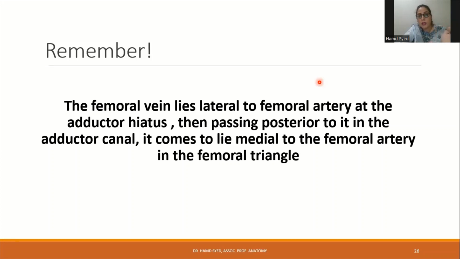So you can see the relation has now changed as the femoral vein and artery have passed through the adductor canal. The vein, which was previously on the medial aspect of the femoral artery, has now come to lie on its lateral side. So at the exit point of the adductor canal, that is the adductor hiatus, the femoral vein is now lying lateral to the femoral artery.